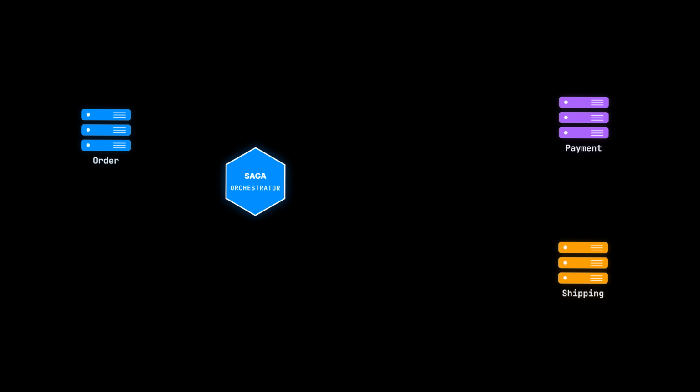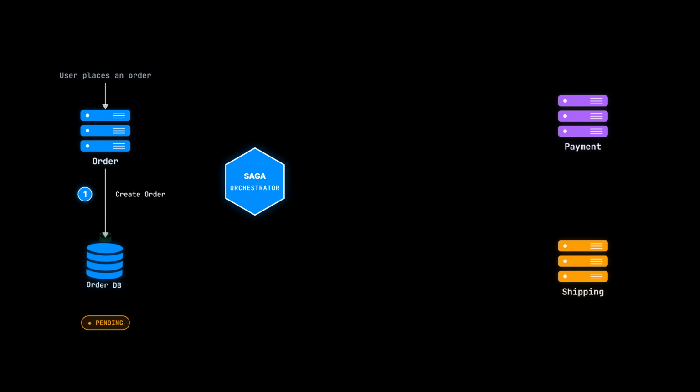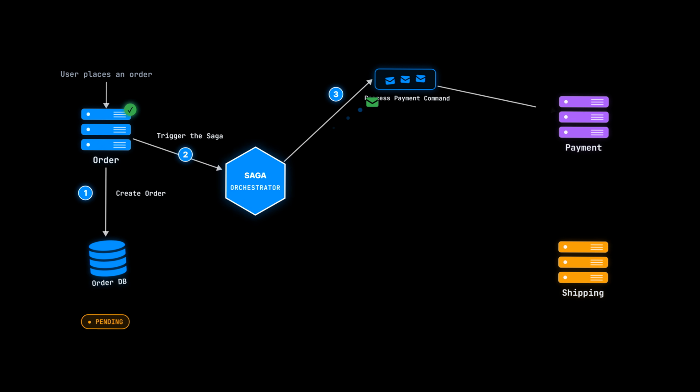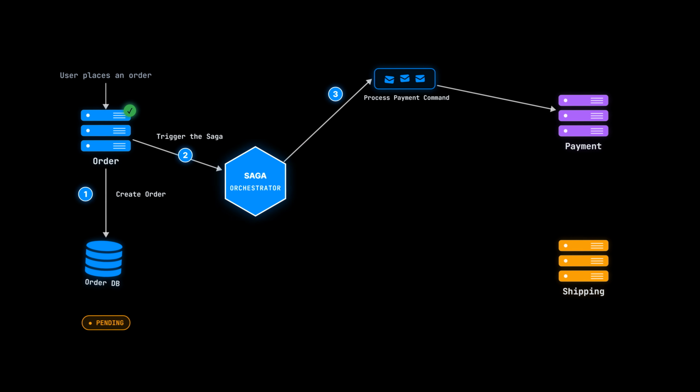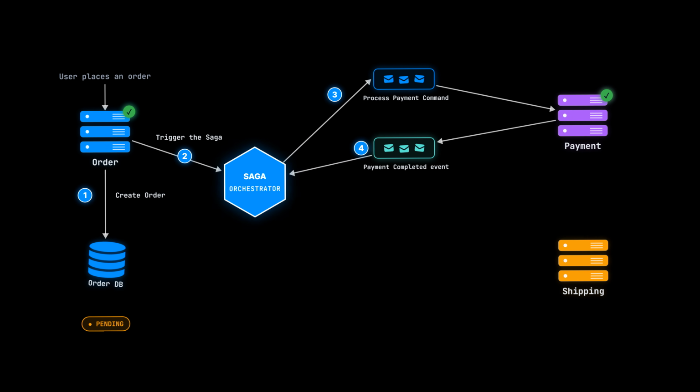Let's walk the whole thing step by step. A user places an order. The order service saves it with the status pending, then triggers the saga. Now the orchestrator is in control. Step 3. The orchestrator sends a command, process payment, to the payment service. Payment succeeds and sends back a payment completed event.